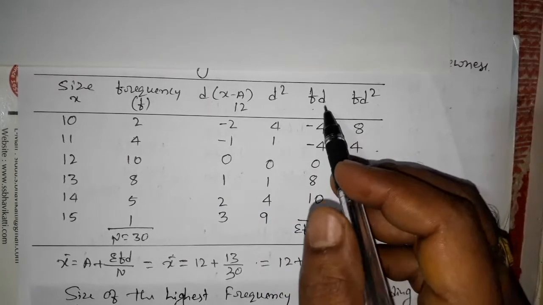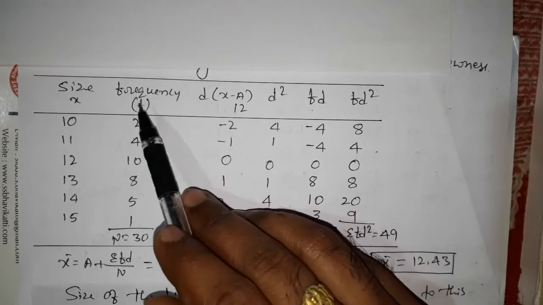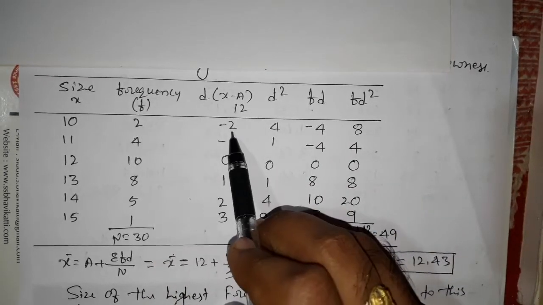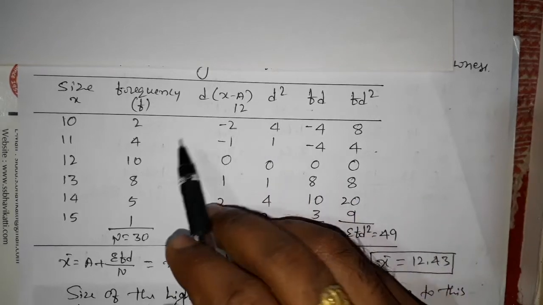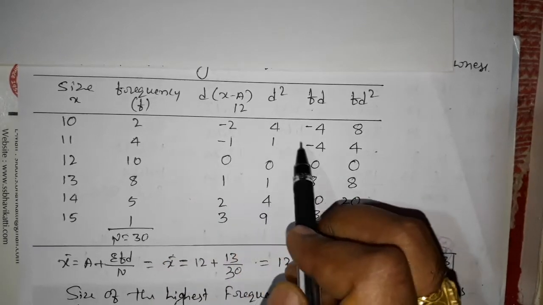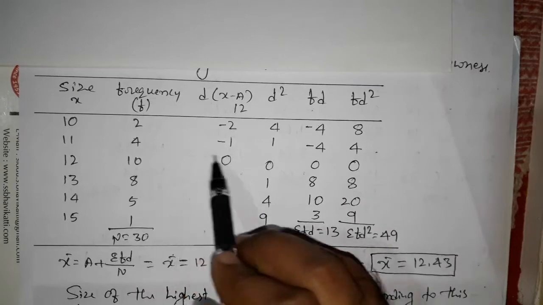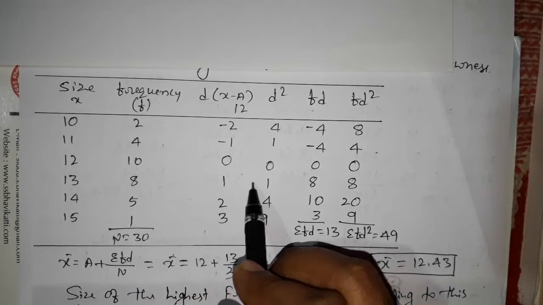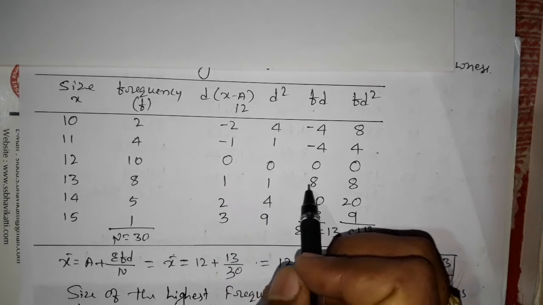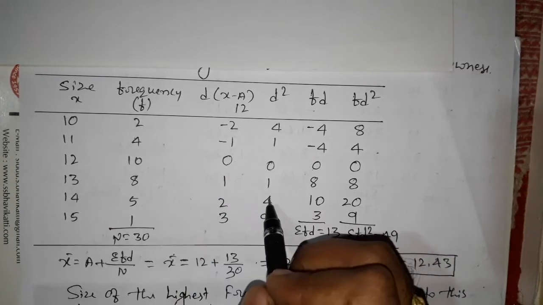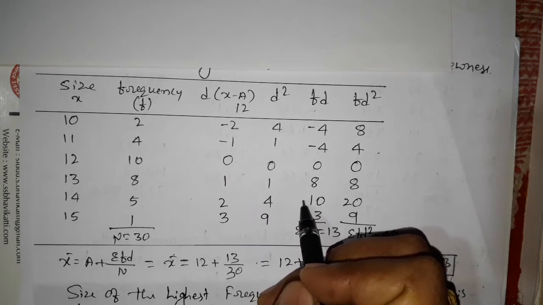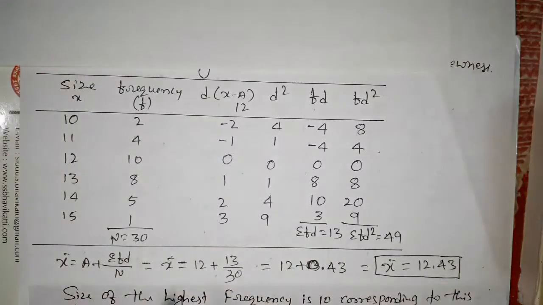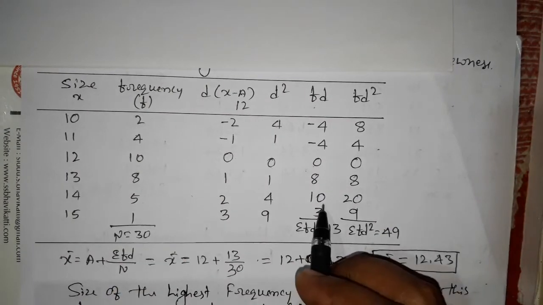Next we will come to fd. f into d is equal to fd. 2 into minus 2, you will get minus 4. 4 into minus 1, you will get minus 4. 10 into 0, you will get 0. 8 into 1, you will get 8. 5 into 2, you will get 10.